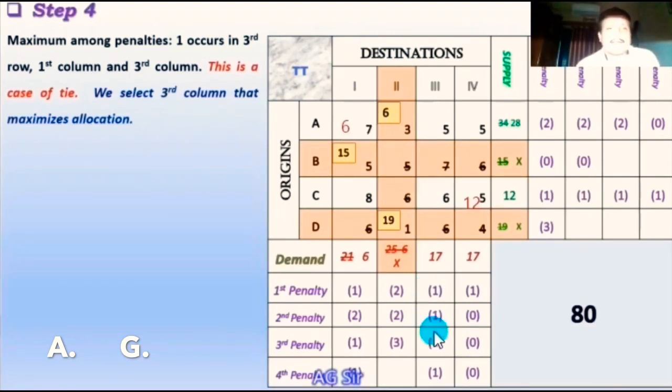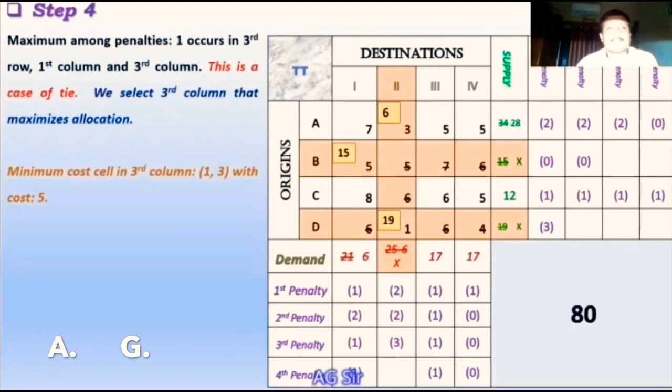Next, you find that if you choose your third column, the minimum cost cell is 5 and at this cell, you can allocate the minimum of 17 and 28, that is the minimum of the demand 17 and supply 28, which is 17. Now, among these three values of 6 at 1 position, 17 at 1 position and 12 at 3 position, you find that 17 is maximum and it occurs along the third column.